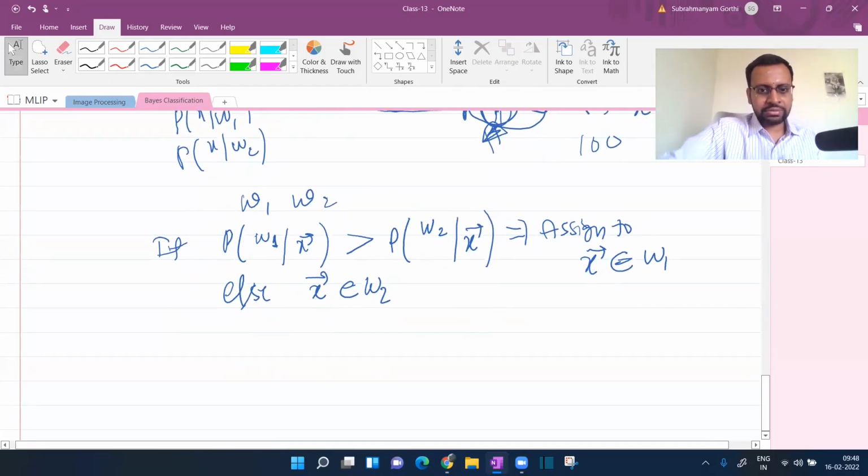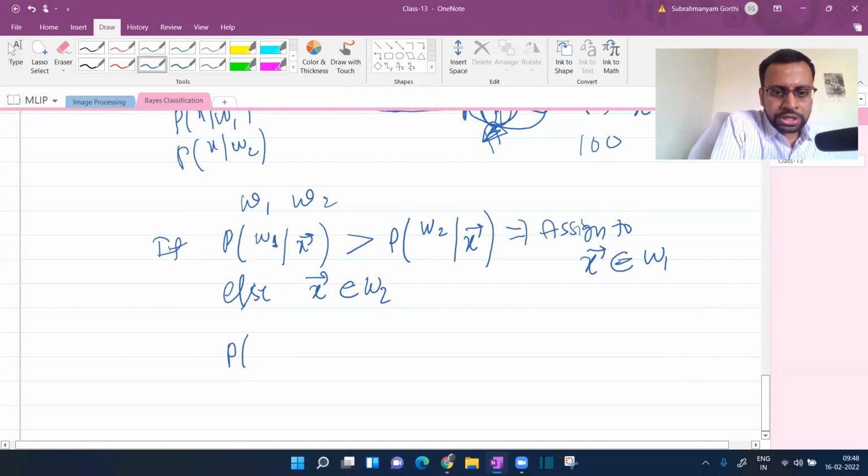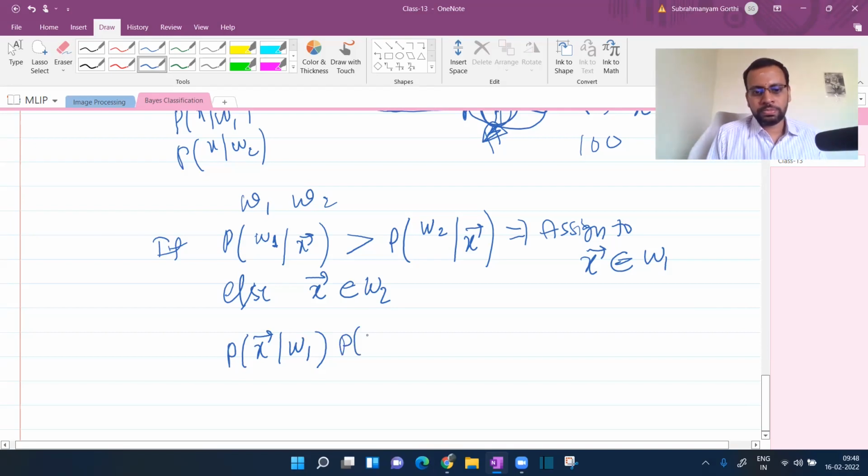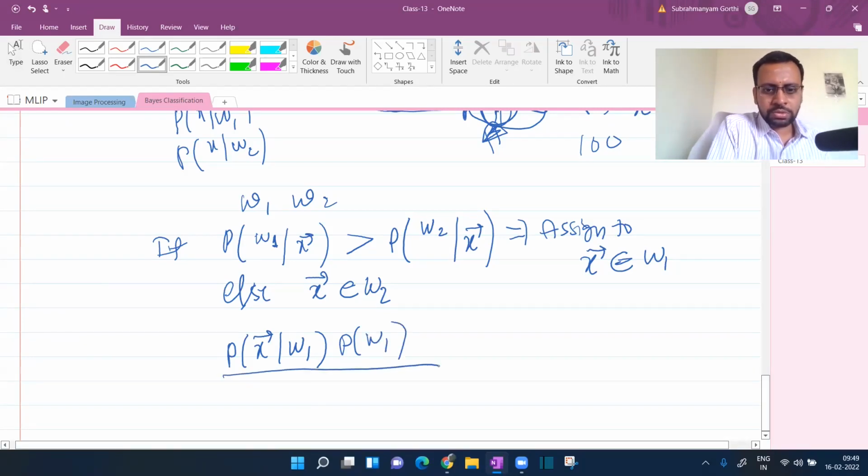Now, there is no way I could right away know these values. I profited from Bayes' theorem, which tells me that this term is equivalent to P(x bar given omega 1) multiplied with P(omega 1), divided by P(x bar).